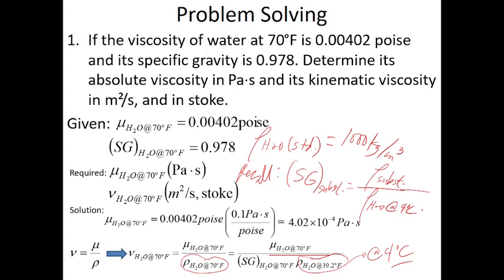Therefore, yung specific gravity ng substance, i-multiply natin sa density ng water at 4 degrees Celsius. Yan yung density ng substance at a certain temperature. Kaya minultiply natin the specific gravity of water at 70 degree Fahrenheit sa density of water at 39.2 degree Fahrenheit. Na-equal yun sa density of water at 70 degree Fahrenheit.